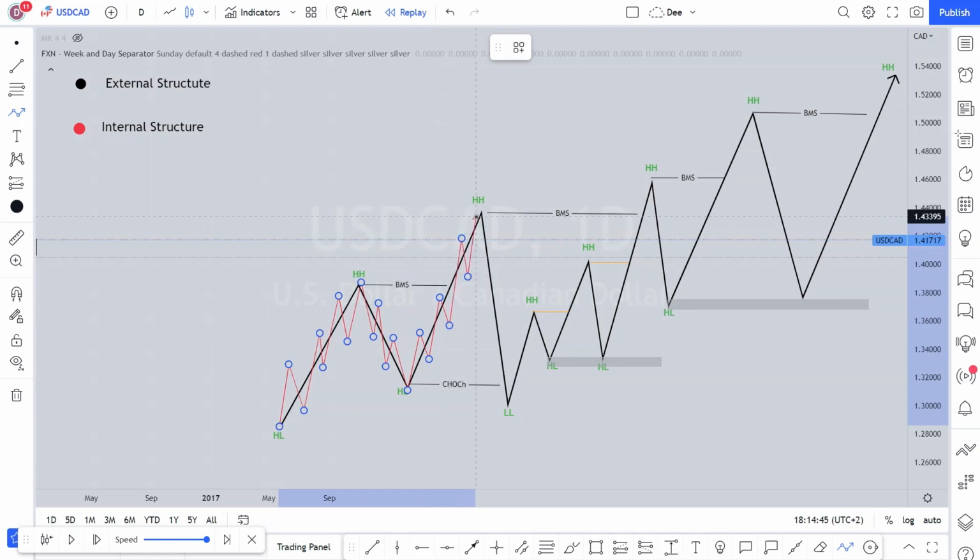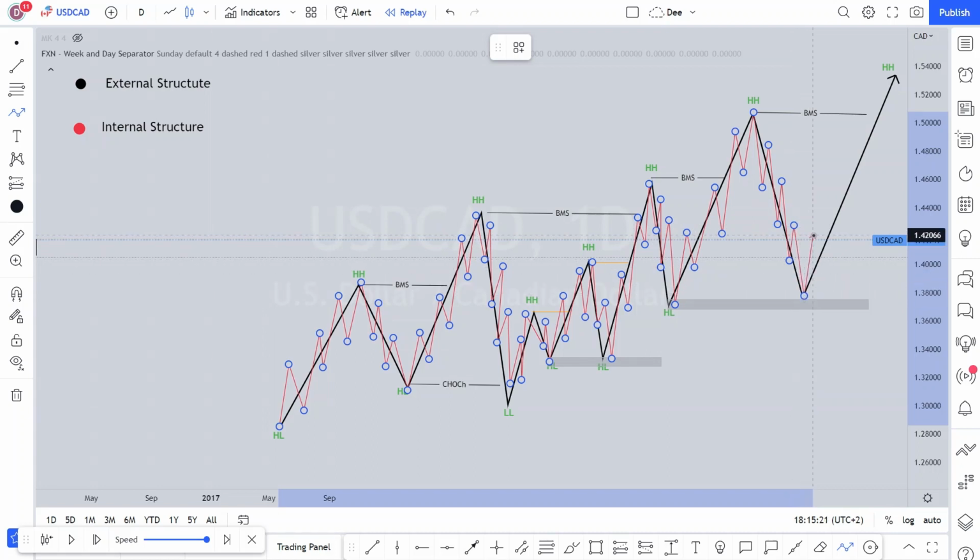This is happening on a lower time frame within the external structure. This will be simpler when we get to the practical side of market structure, guys.